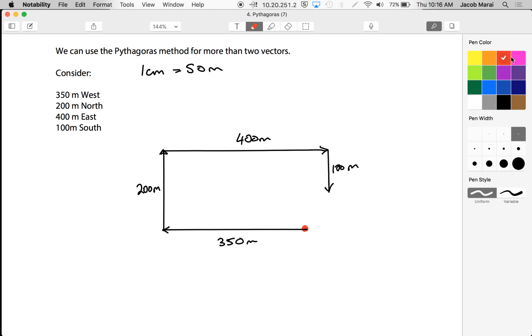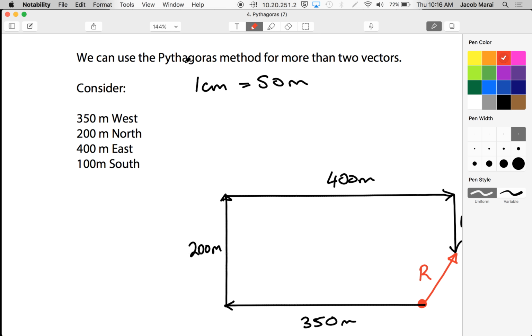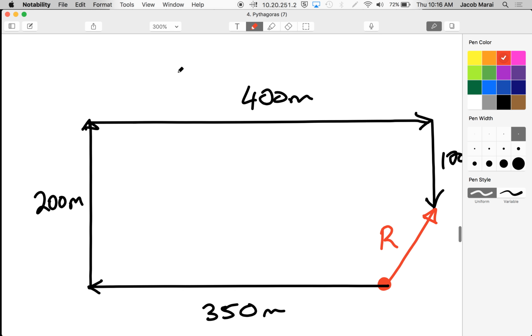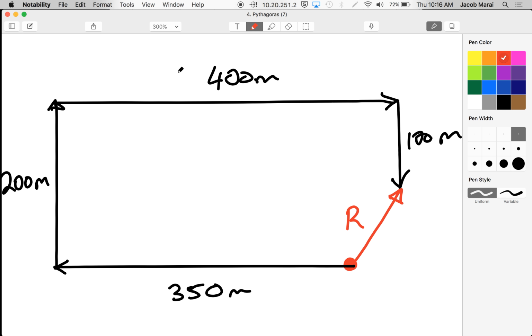So we could have done the lesson before yesterday with our tail to top method, and our resultant is then like so. Now I will zoom in a little bit for you. In fact, I'm going to zoom out in just a moment.